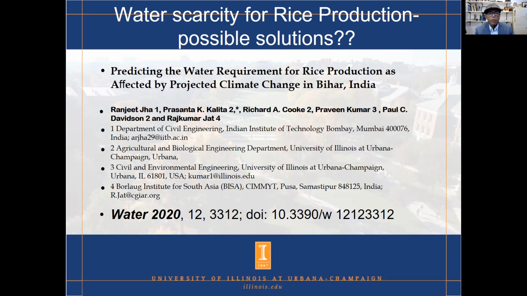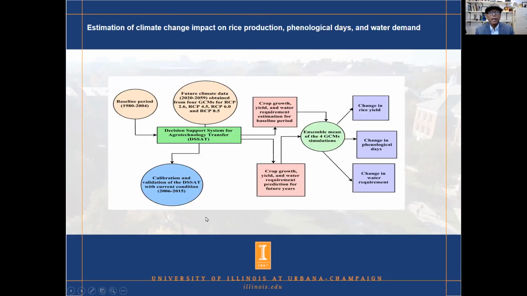We did lots of modeling, crop modeling, climate change modeling. This is a recent paper that was published in Water last year. We looked at the climatic data, the weather data, the crop data, rice data for the last 20, 30 years. And then we worked with the decision support system, the DSSAT model.